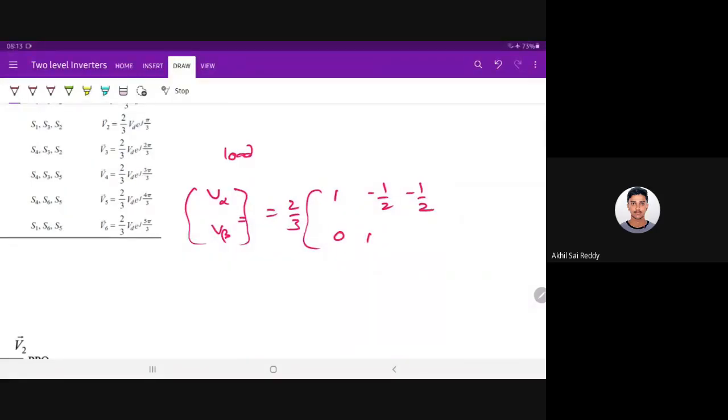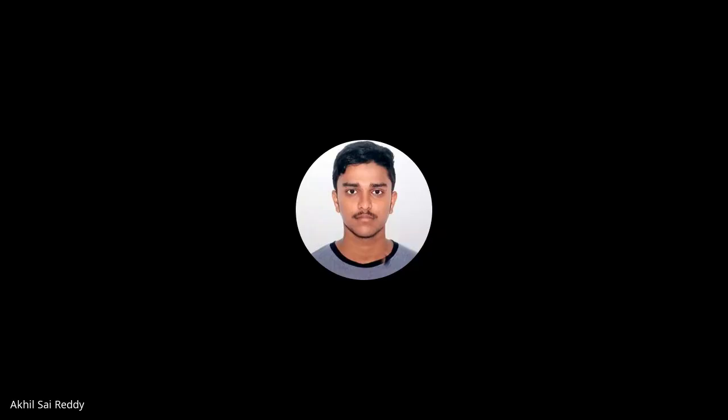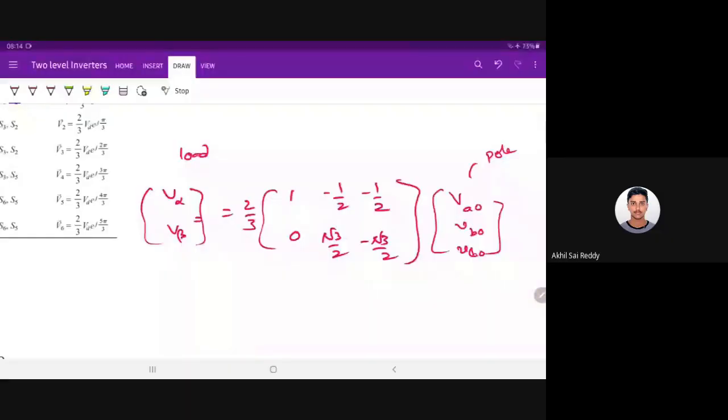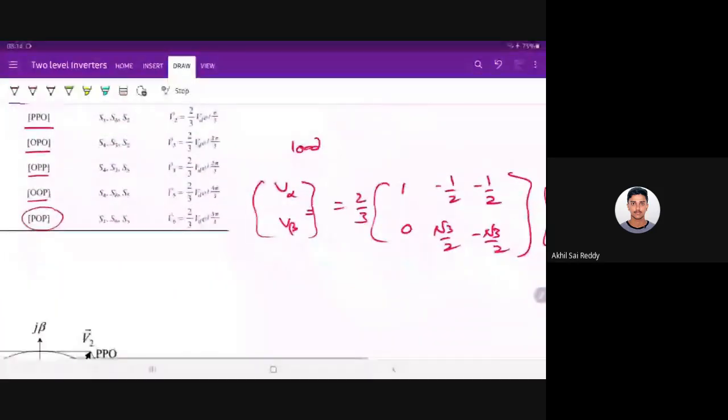So we have root 3 by 2 and minus root 3 by 2, and we have this V. It may be pole voltages or load phase voltages, right? So now we consider this.